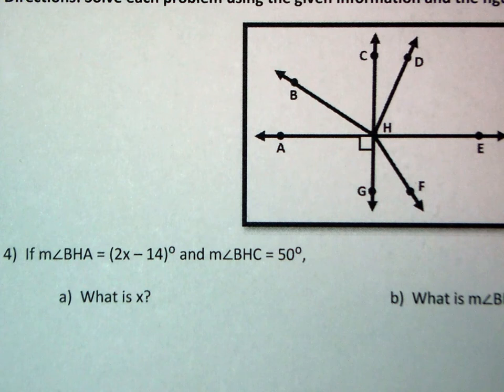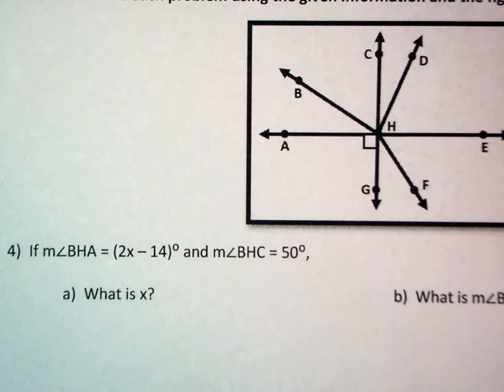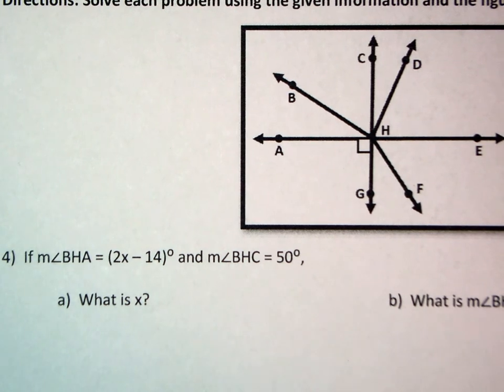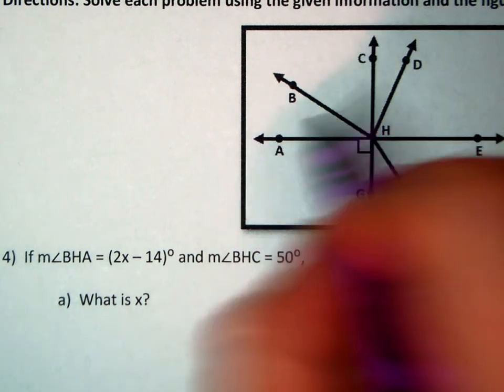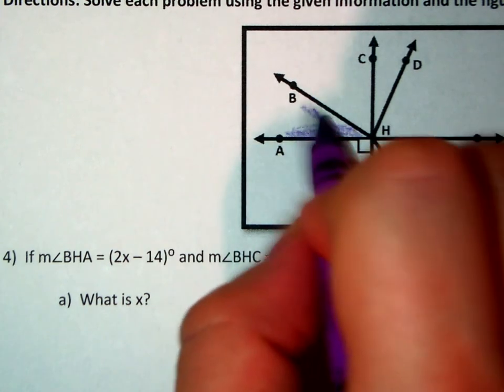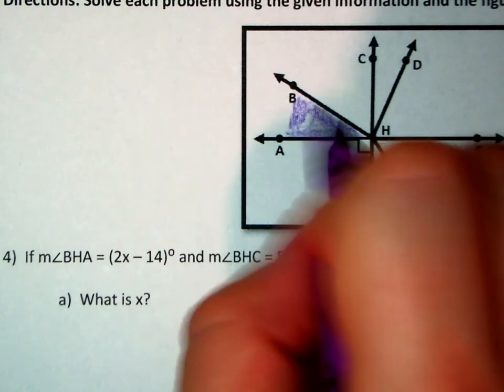Number 4 on the back says, if using colors is going to help you solve these problems, I would highly encourage you to get out some color pencils or markers or whatever it is and color these in so that you can keep track of what you're talking about.